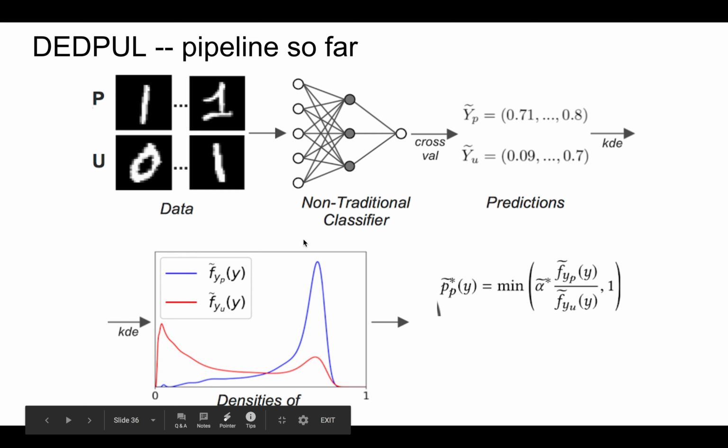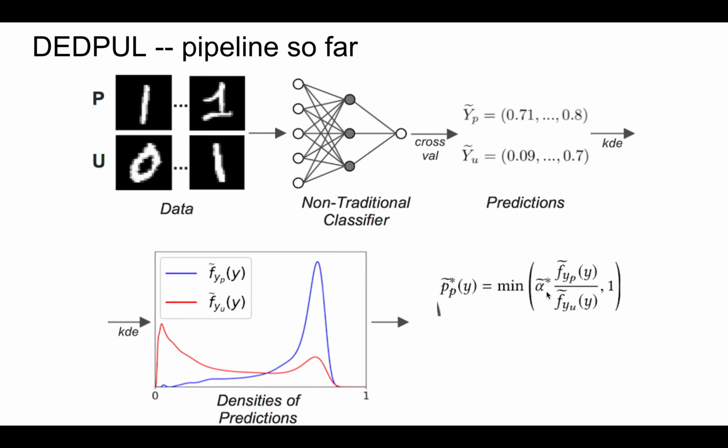One, of course, corresponding to the positive data, and the other corresponding to the negative data. And heuristically, you can already see that this on the right is probably the positive data, and this on the left is probably the negative data. But the correct way is to put this ratio of these densities into the Bayes rule, multiplied by alpha, and then compute the exact posterior probability, which is unbiased. Here's also a little clipping operator just to ensure that this probability is bounded in the 0-1 interval. The only thing left is estimation of this alpha, of the priors.